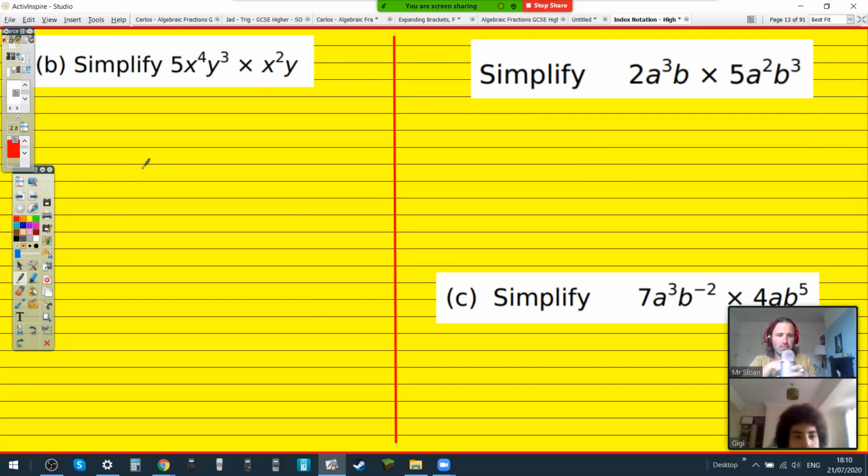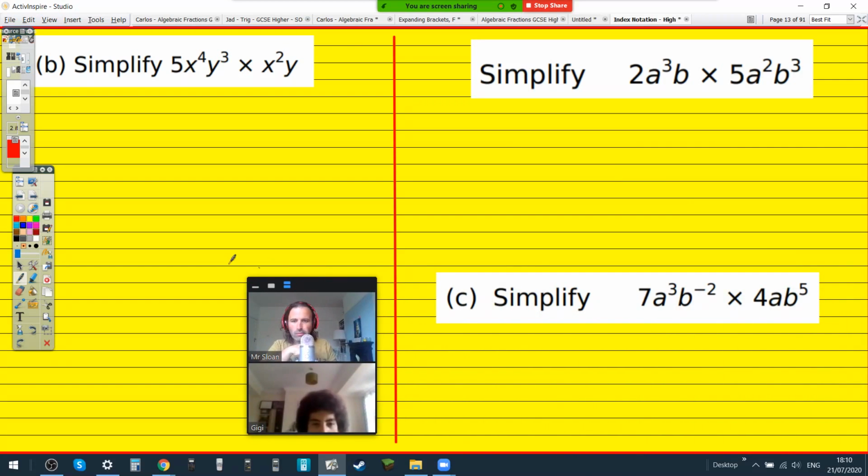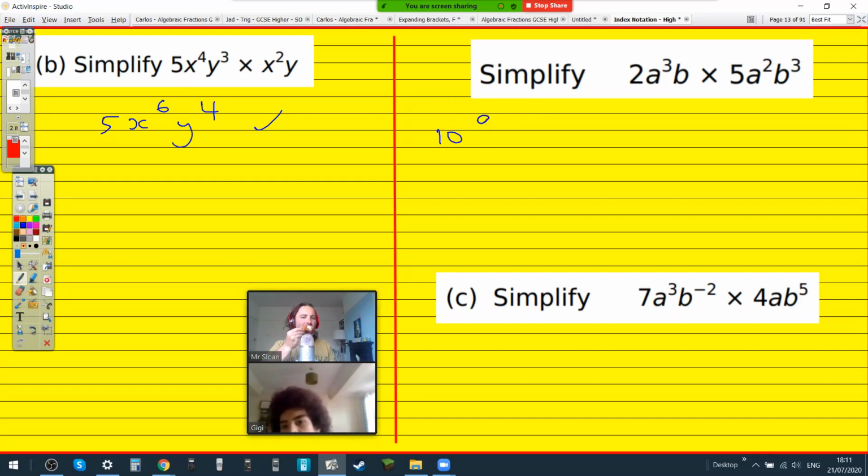Okay, let's try these. 5x to the power of 6, and y to the power of 4. Ten a to the power of 5 and b to the power of 4.